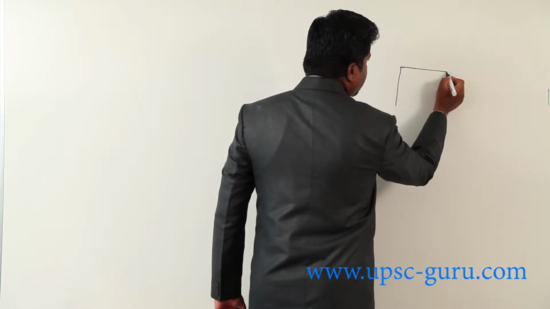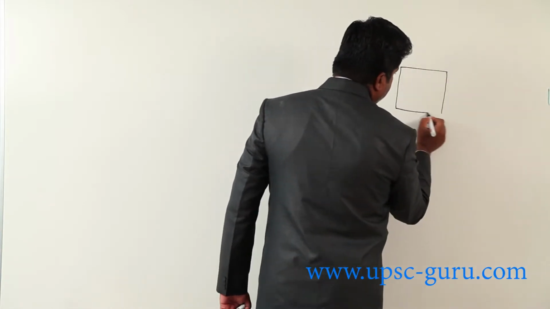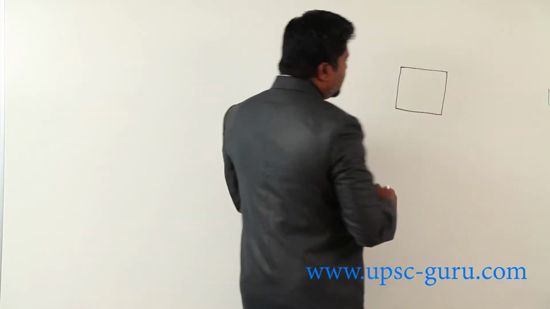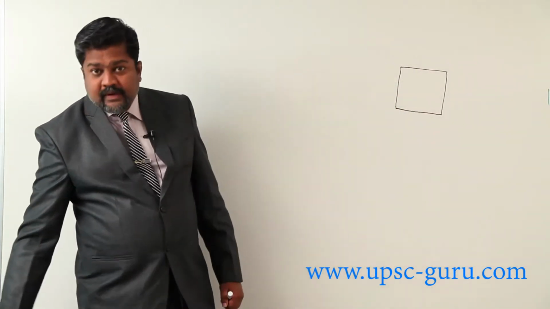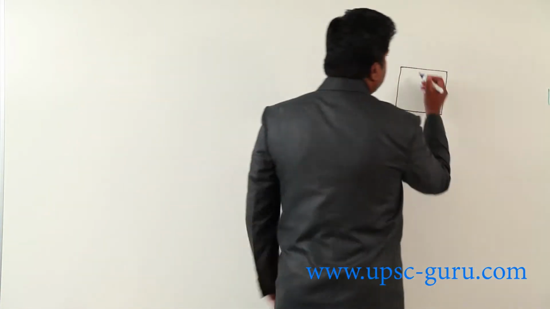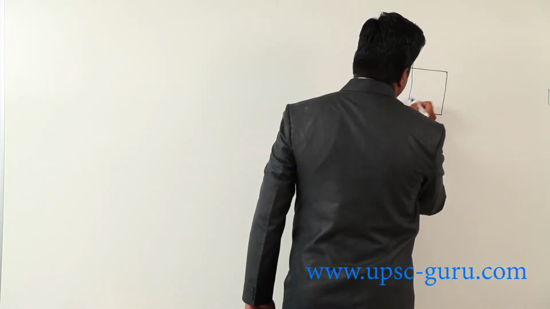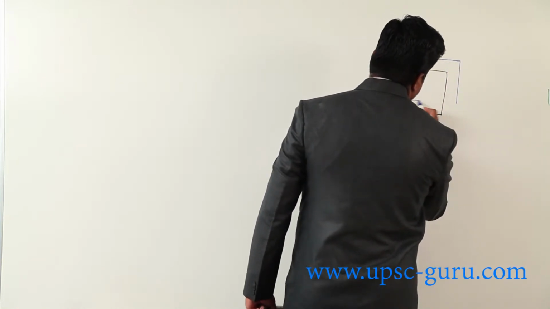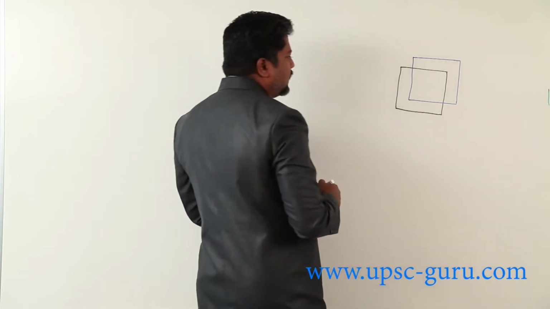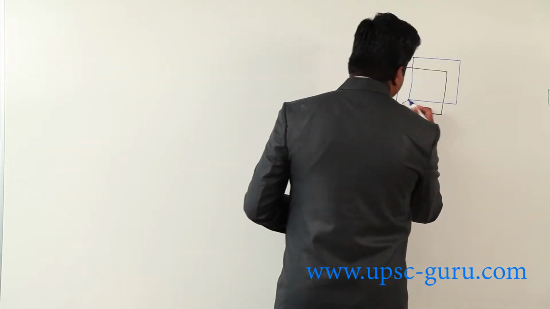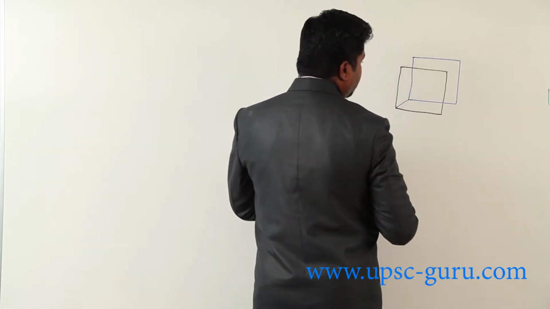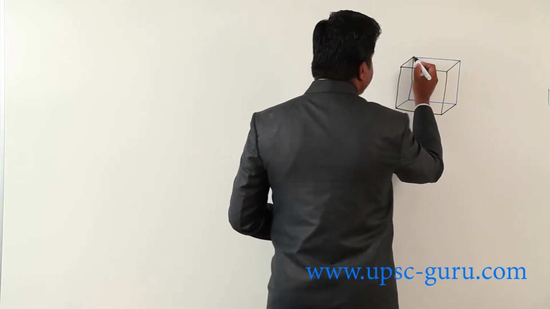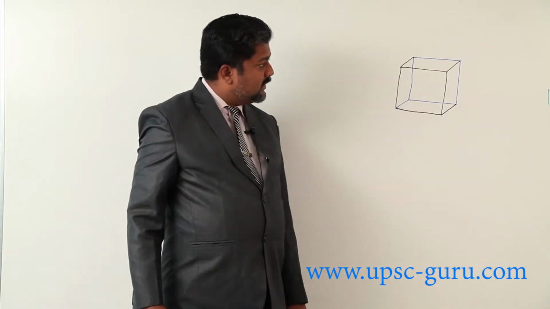I have a cuboid, or a proper cube box. In black color I am showing the front side, and in blue color I am showing the back side of the cube. The internal lines I show like this, whereas the external lines are in black. So it is very clear now.